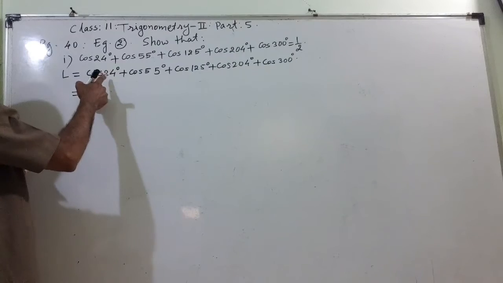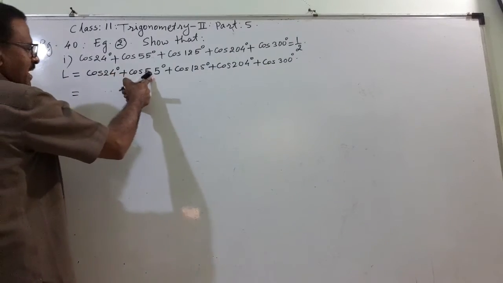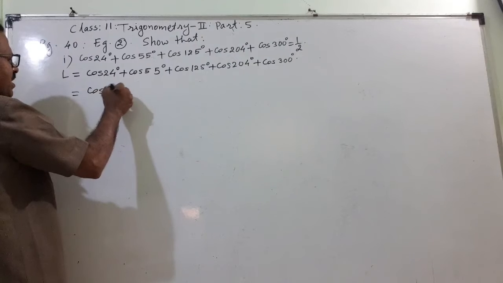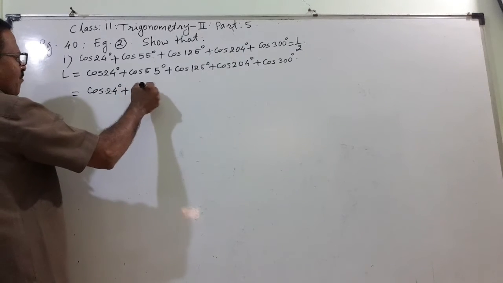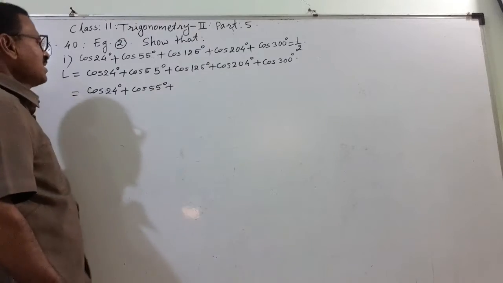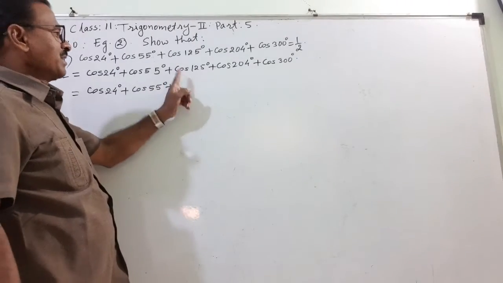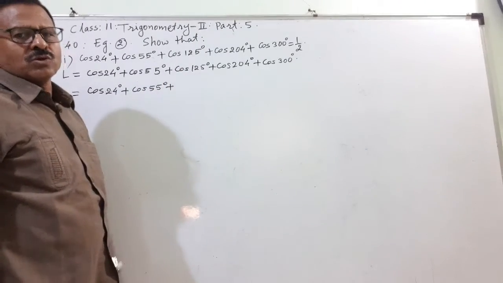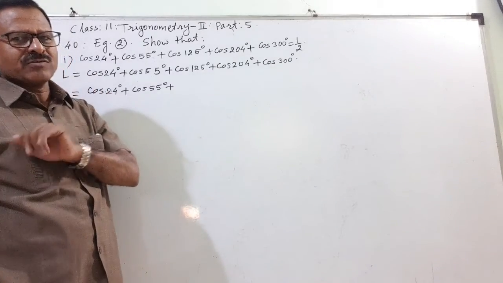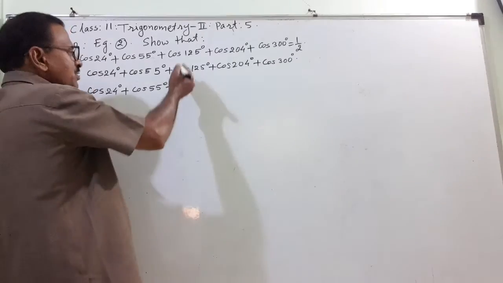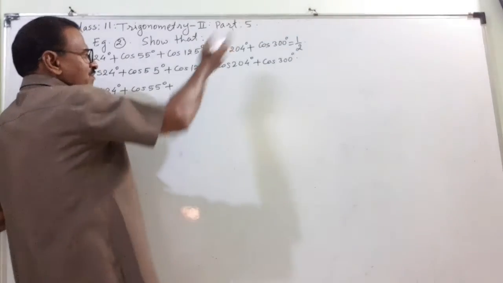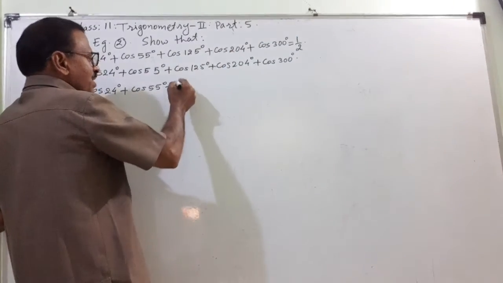This angle is less than 90, this angle is less than 90, don't touch them. This one is greater than 90 degree, so in terms of 180 or 360 we have to convert it. It is very close to 180, far away from 360, but near to 180 degree.